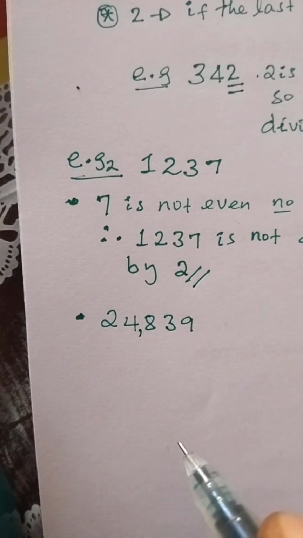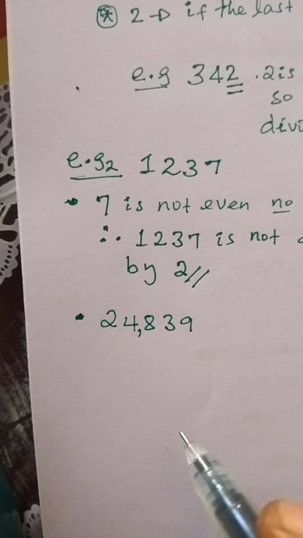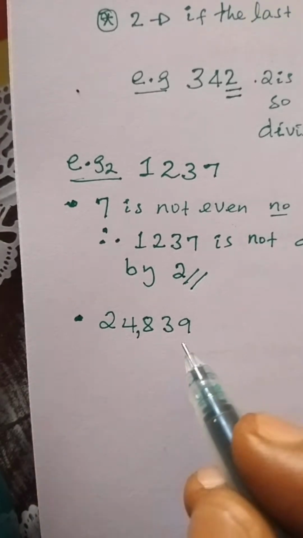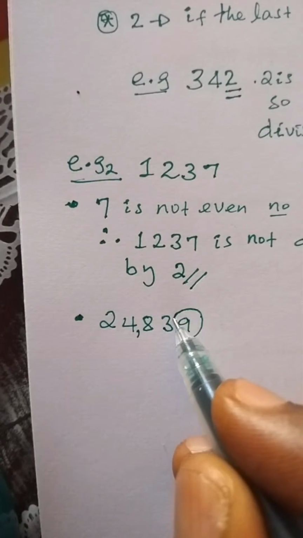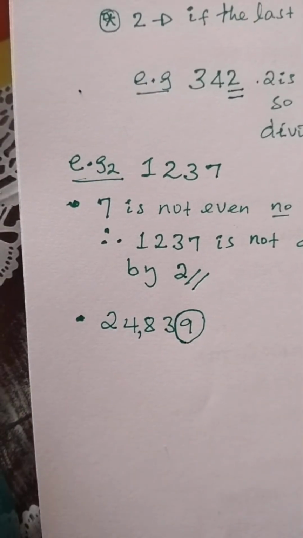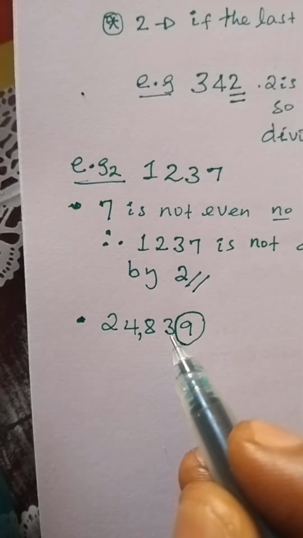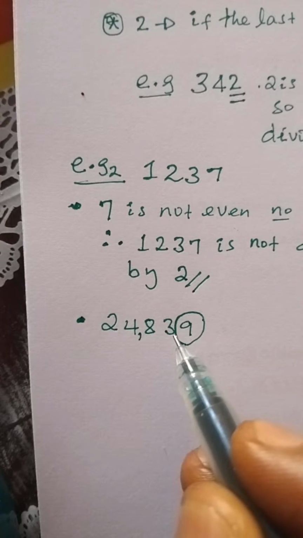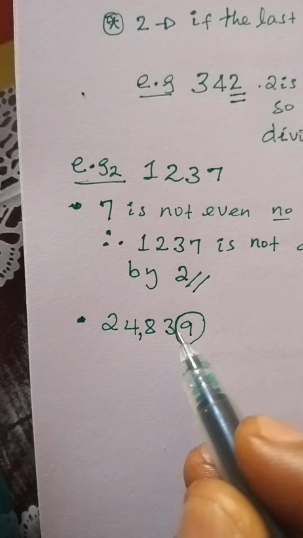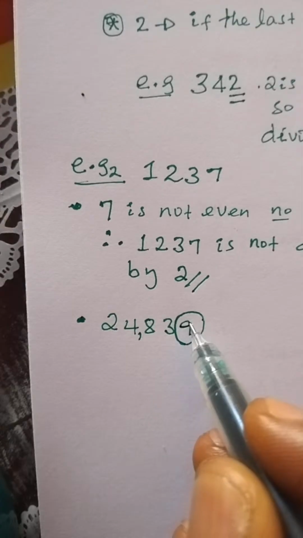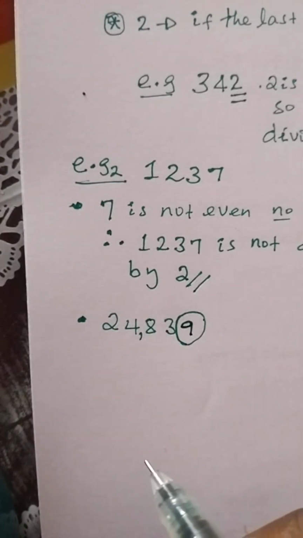Simply we look at the last digit. The last digit is 9. So 24,839 is divisible by 2 if and only if the last digit is an even number.